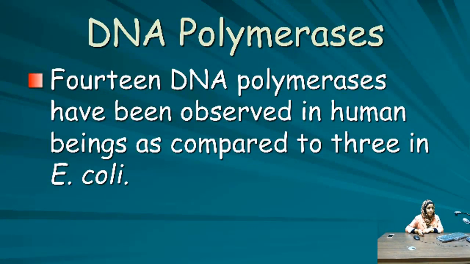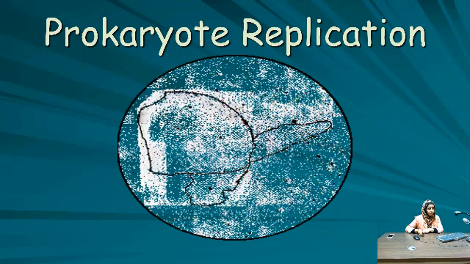DNA polymerases: 14 DNA polymerases have been observed in human beings as compared to 3 in E. coli, polymerase 1, polymerase 2, and polymerase 3. So there are differences between DNA polymerases in eukaryotes and prokaryotes.